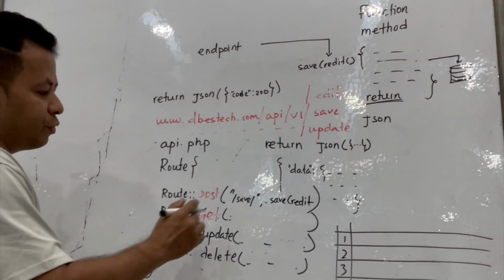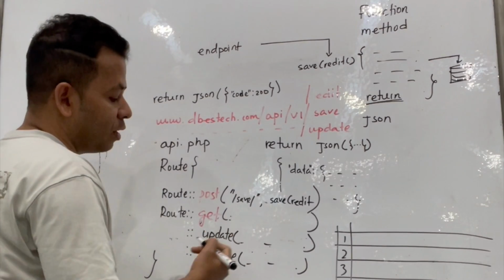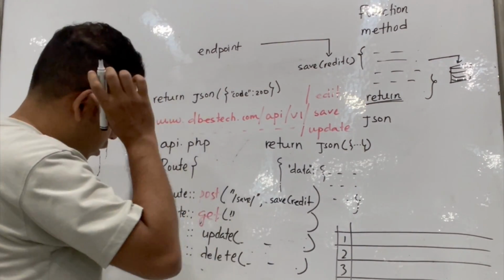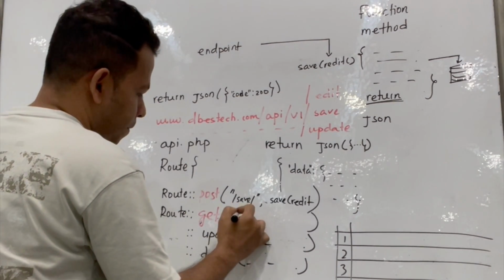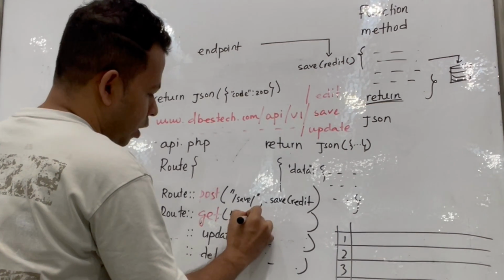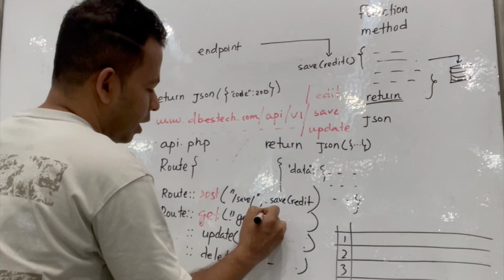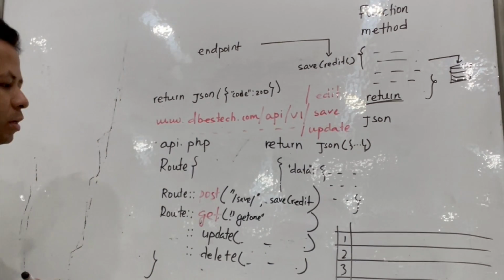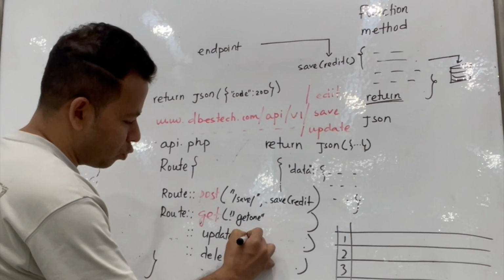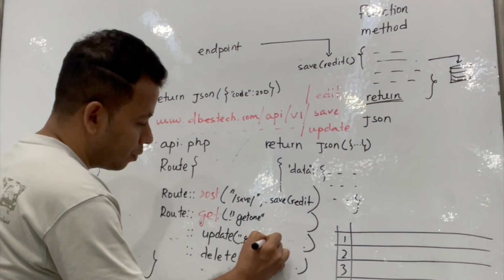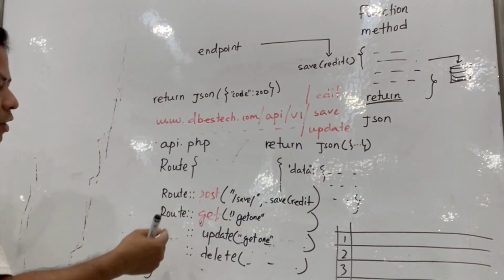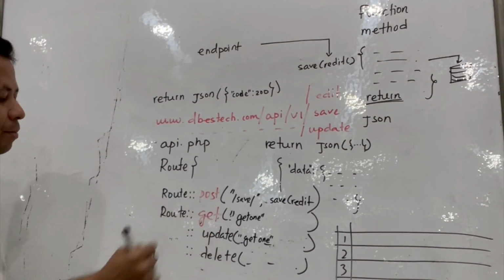But then, if you have two endpoints and they have a similar name, say, for example, get one. I'm just naming it get one, okay? So here, you might also have get one here. Maybe the name is the same. So in this case, what's happening? It will definitely look at the method type.